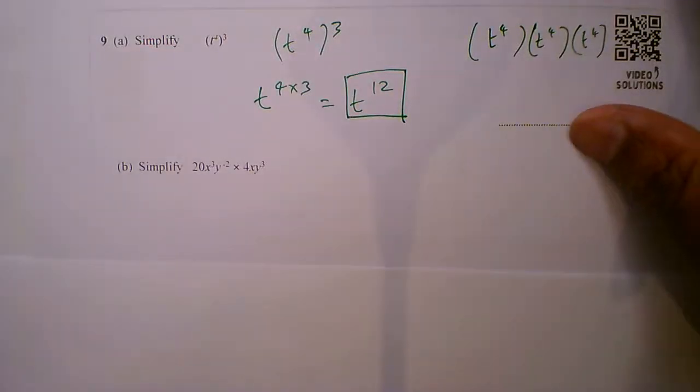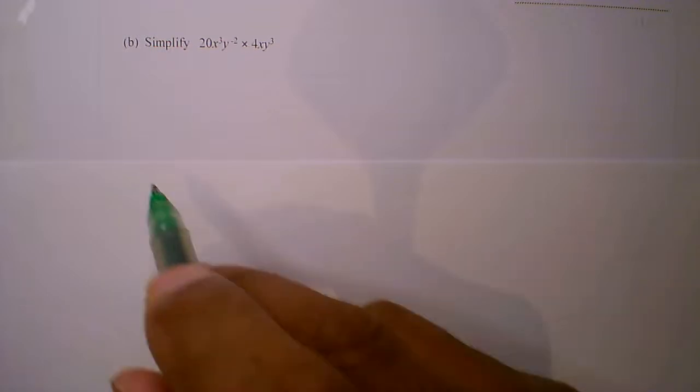Let's go to the next question. Okay, it's worth 2 marks. I'll give you a few moments to do that. Okay, if you need more time, press pause. So what are the steps?